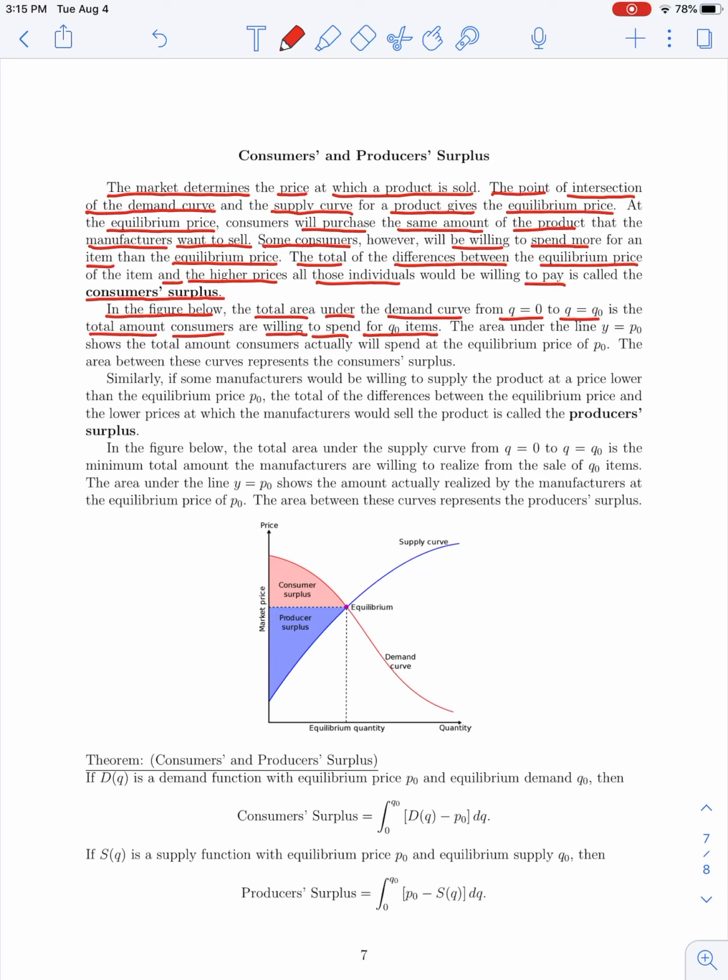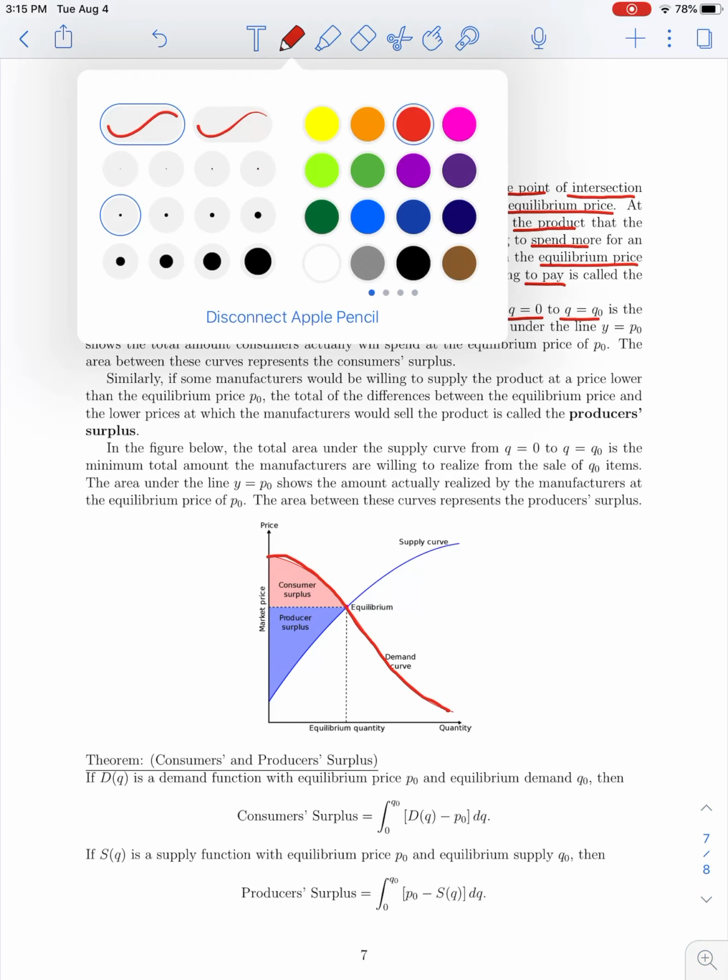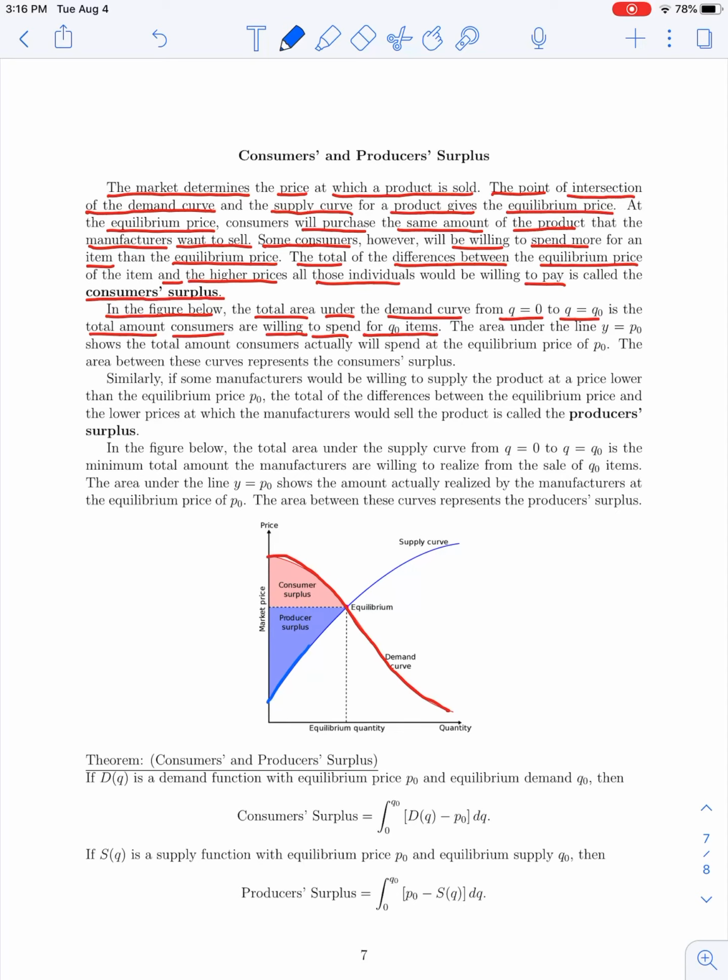So here we have some demand curve shown in red, and we have a supply curve shown in blue, and the point at which those two curves intersect is our equilibrium point. So the quantity is what we call Q naught, and the corresponding price is what we call P naught. It's our equilibrium quantity and equilibrium price.